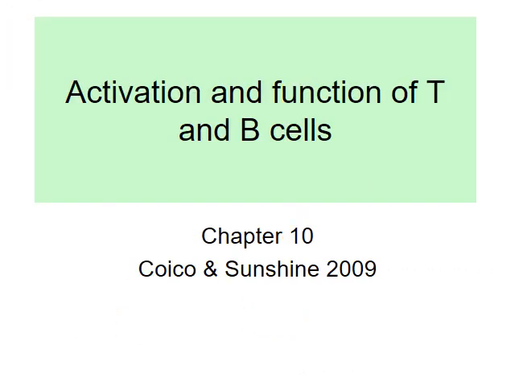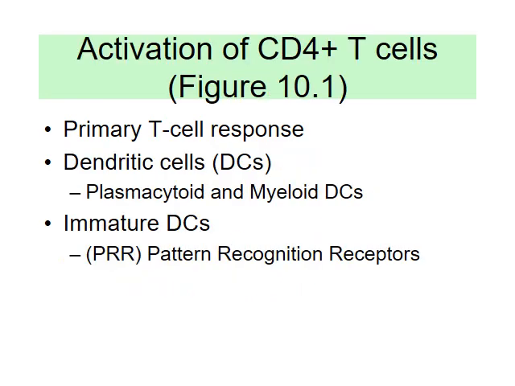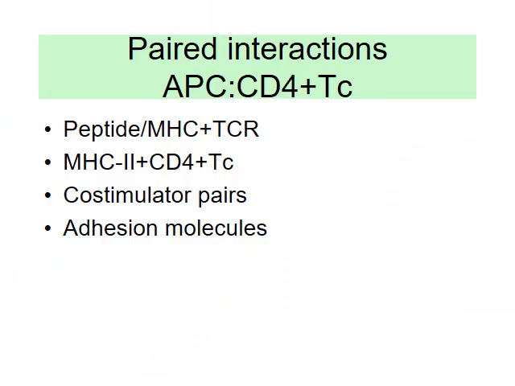And then finally, quickly, last one, activation and function of B cell. We pretty much discussed that. The only thing is that you can see the whole process where infection, then the cell becomes active, takes it to the B cell, proceeds, and then decides whether it's going to go for CD4 or CD8. So they are a paired interaction.